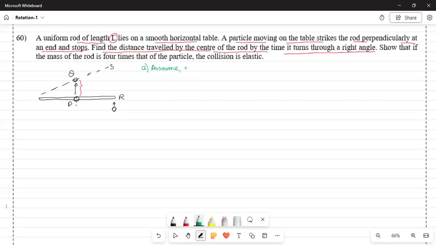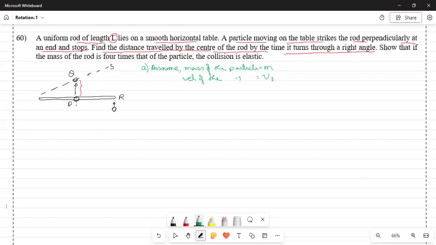Assume the mass of the particle is equal to m, and the velocity of the particle is v1.